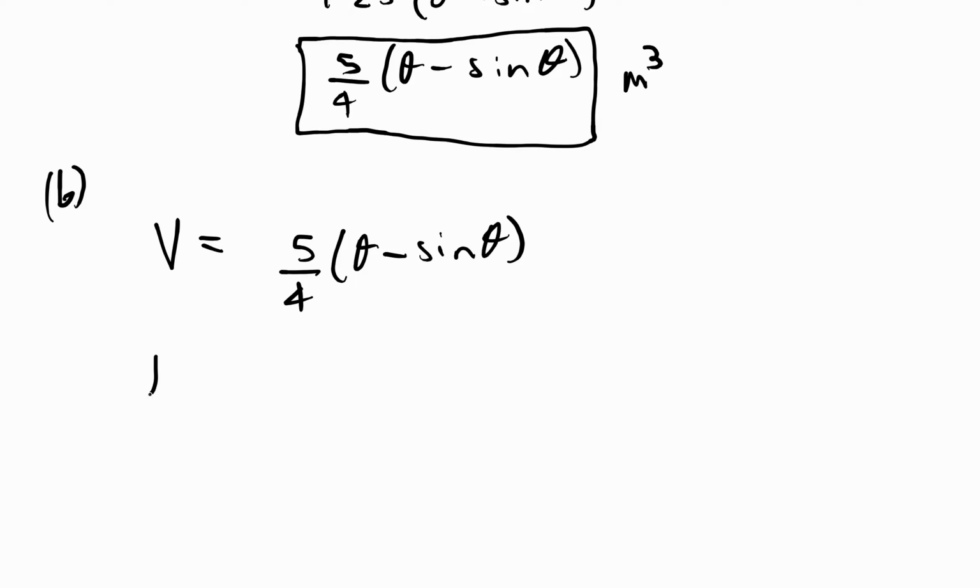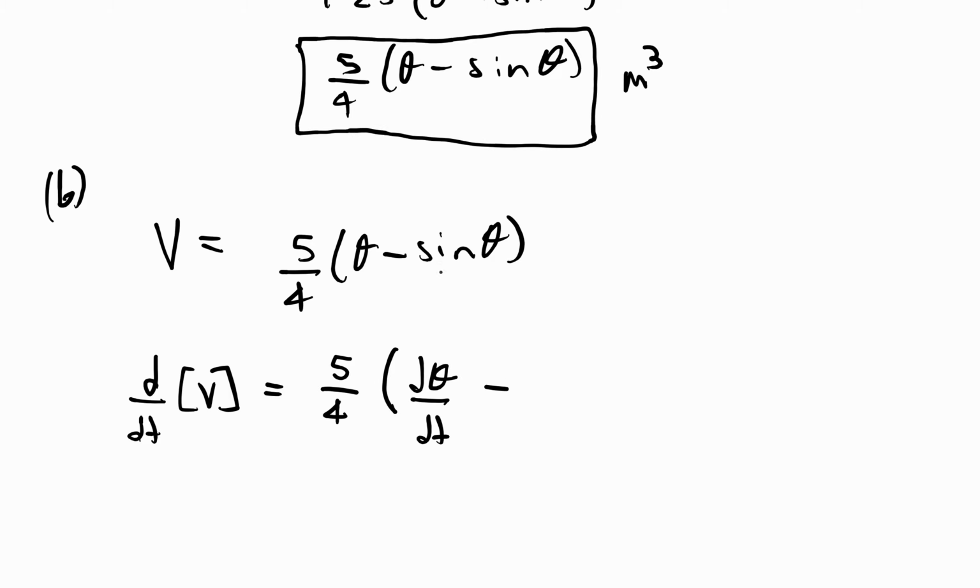So let's do that, right? If I differentiate d by dt of V and differentiate the other side, 5/4 is a constant. Okay, inside, what do I differentiate? Theta. It's implicit. d by dt of theta is just d theta by dt, right? That's what they're asking us for.